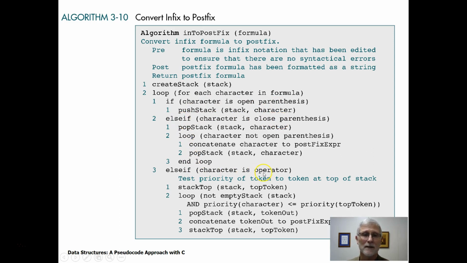If it's an operator, so a plus sign, multiplication, whatever, now I'm going to do a test priority to see what's more important. Because remember, there's that execution sequence that certain programming functions need to follow. Arithmetic operations have a sequence, so you're going to stack those on.